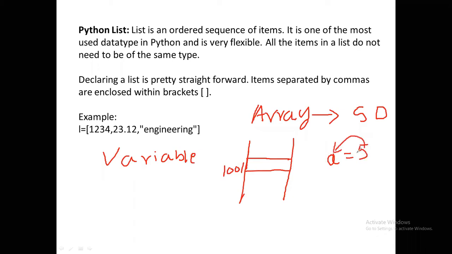It means the number 5 is stored in the memory location 1001, and I identify this memory location by using the variable a. By using this variable, you can store only one value.